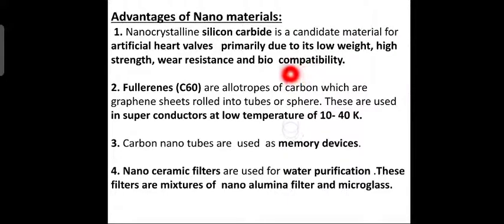So, nanoparticles are used in the preparation of artificial heart valves, made of silicon carbide. Silicon carbide is converted into nanoparticle size and used in the manufacture of artificial heart valves.